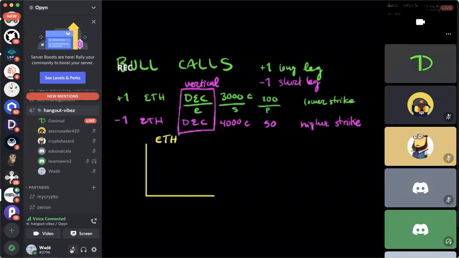So here's Ethereum. And when you think about this, don't just think about the Ethereum, also think about the option itself. So we have a 3000 C, and you could imagine another chart with 4000 C. Remember that C just equals call, right?